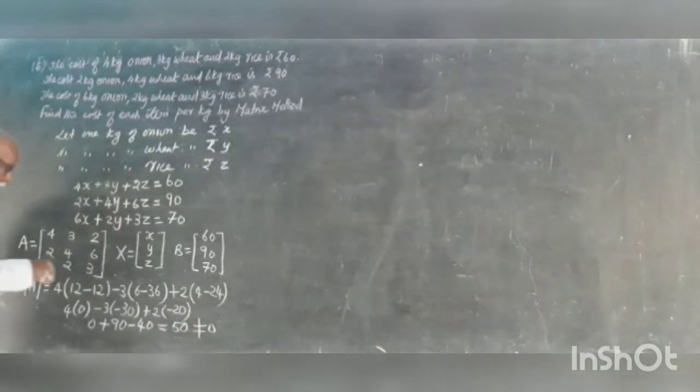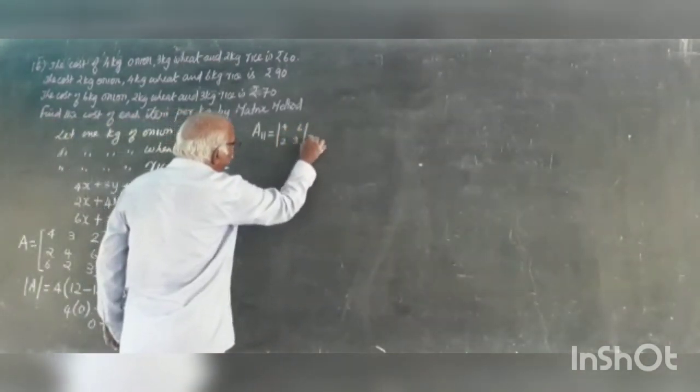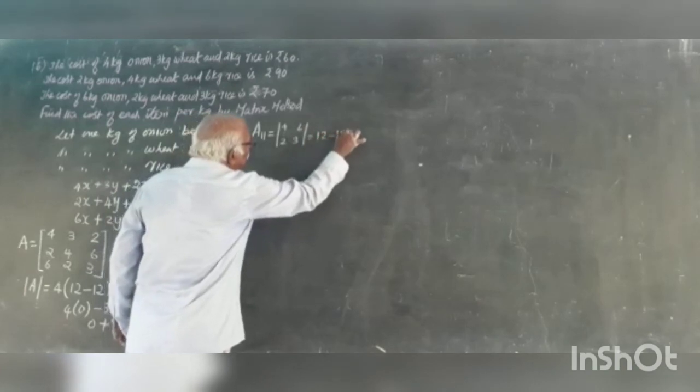Then we have to find all the cofactors. Find A11: the minor 4, 6, 2, 3 is 12 minus 12, 0.